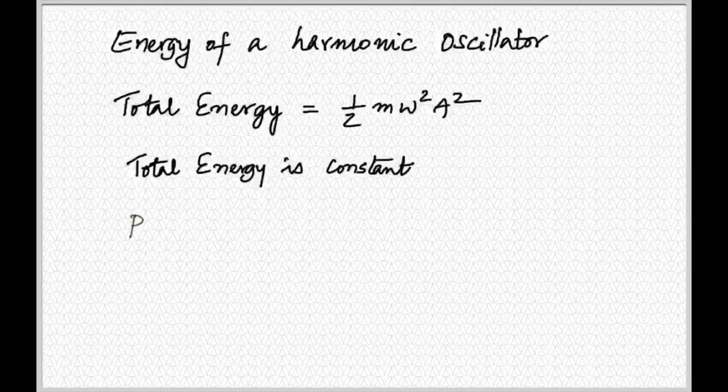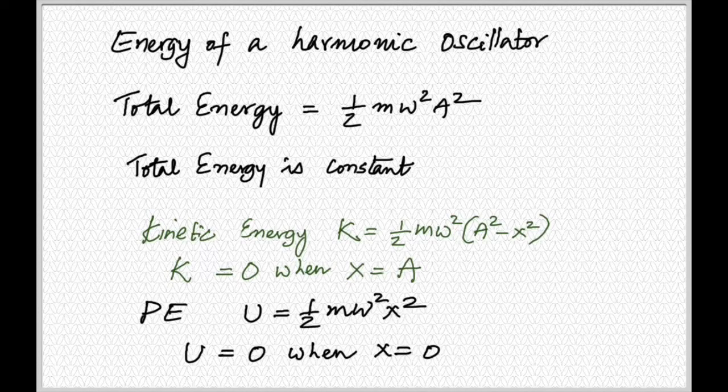But when we look at the other two types of energies, kinetic energy is given by this formula 1/2 m omega squared (a squared minus x squared), where x is the displacement from the equilibrium position. And from this formula, if you substitute for x as a, then this term is going to become 0.